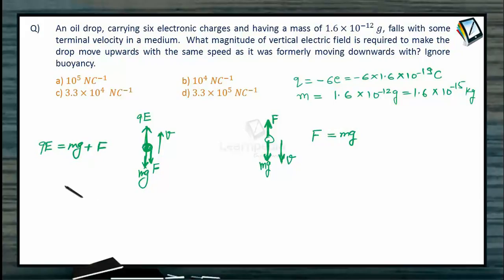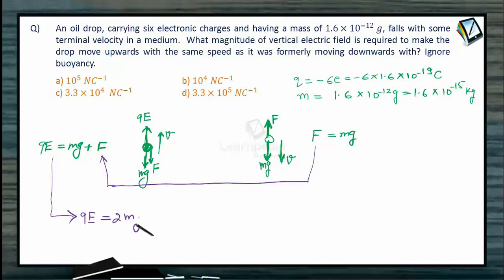So now using these two equations, first is F is equal to mg and another is this one. Let us put the value of F in this particular equation. So what we have now is QE is equal to 2 times mg. So what is required here is the electric field.